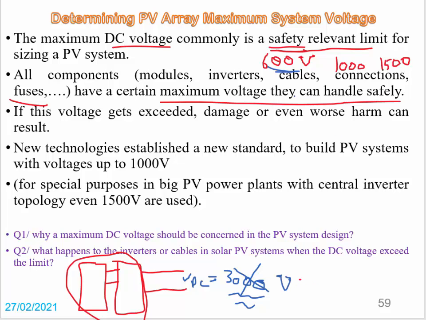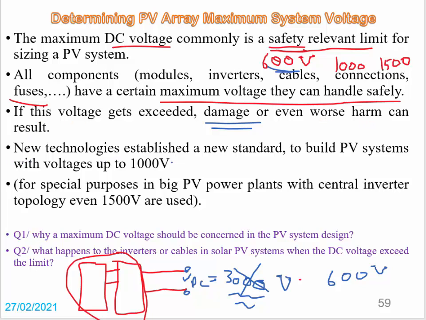According to our system, if we use a 600 volt system, the maximum voltage should not exceed 600 volts. If this voltage is exceeded, damage or even worse harm can result.